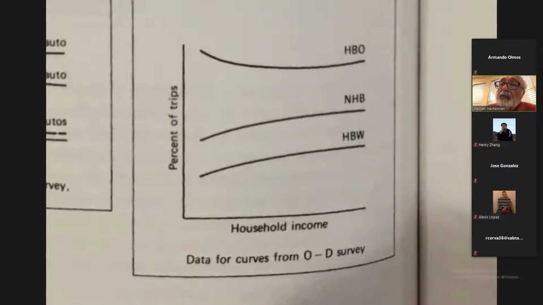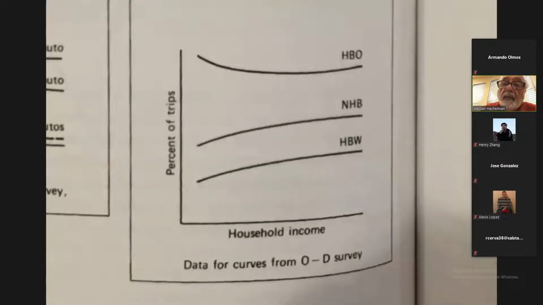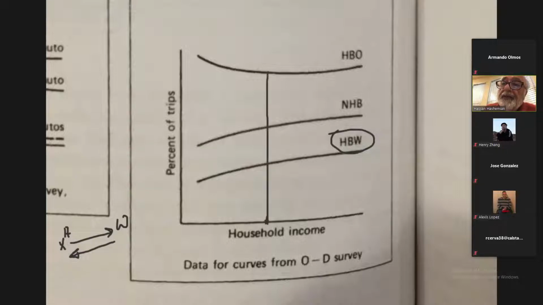That means people who start at home and go to work, and then go back from work to home. Those are home-based work trips. So again, when we put the average income, you try to figure out what percentages of those trips are home-based work trips.